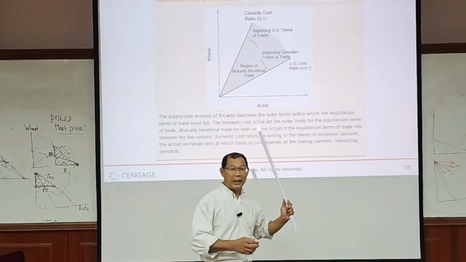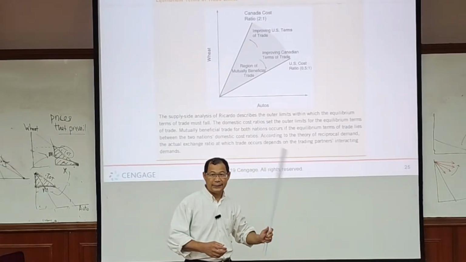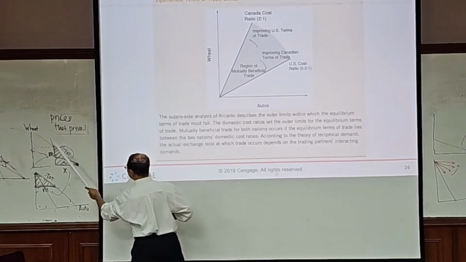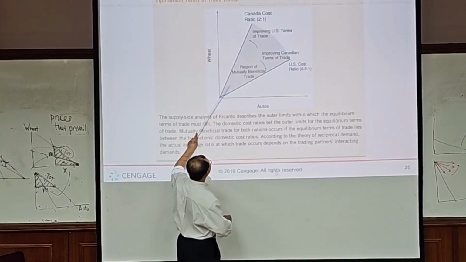Canadians are crazy about cars from the United States, so the red line, not in the middle, will be here.